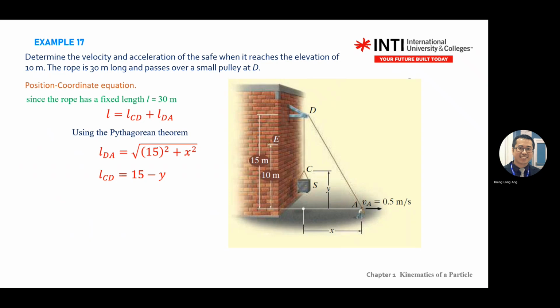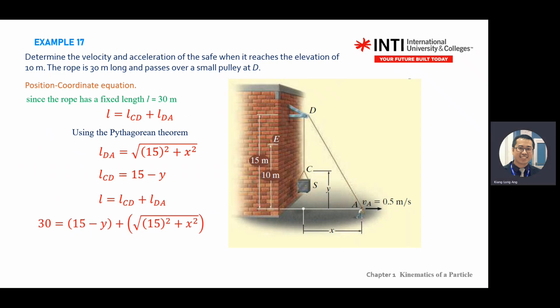Then you get LCD equal to 15 minus Y. And you know that total length equals LDA plus LCD. You combine this one and this one, you get one long equation.